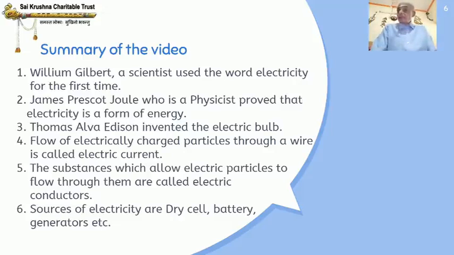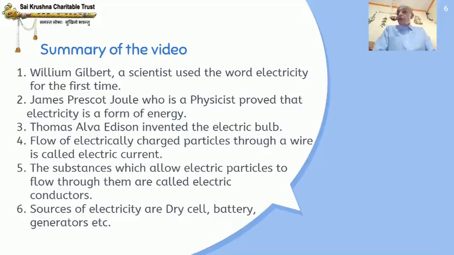Second point is James Prescott Joule, a physicist, proved that electricity is a form of energy. Okay? James Prescott Joule proved that electricity is a form of energy.